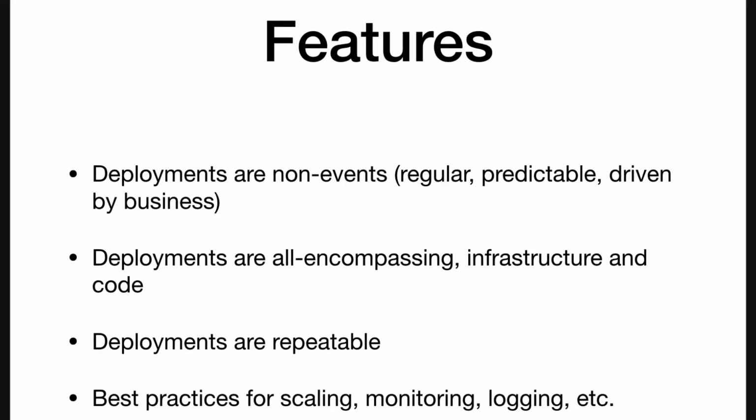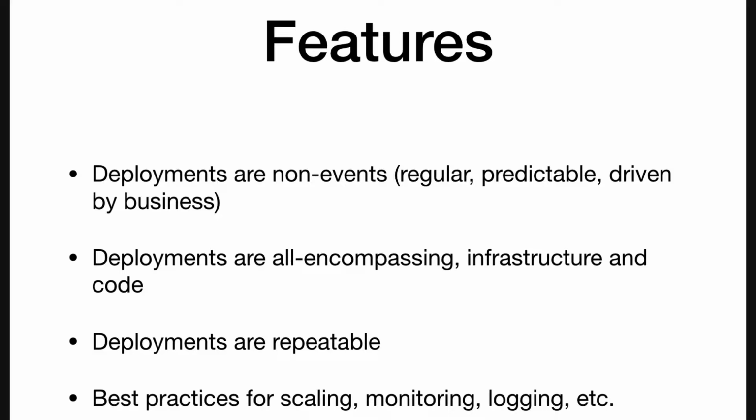For them to be non-events, they need to be regular, and what I mean by regular is that they just happen frequently, not necessarily on a consistent basis. They need to be predictable, which means when we run this script or we're deploying the software, we know what it's going to do, right? It needs to be something that we're not afraid of, right? And what we were just talking about a moment ago, we want it to be driven by business.